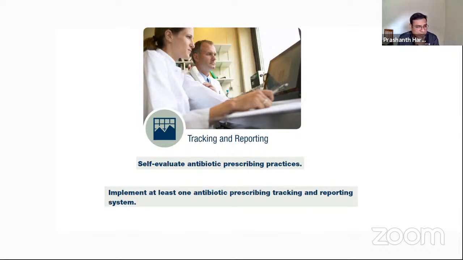"Oh, I've been using it for the last 10 years on a daily basis." You're not supposed to be using that for day-to-day work. So that is again an abuse. Now we are kind of cornered when we really want to use those medications. The same applies to other groups of medication, not just antibiotic, even opioid stewardship or anti-inflammatory stewardship.